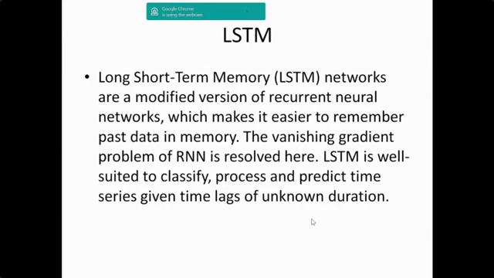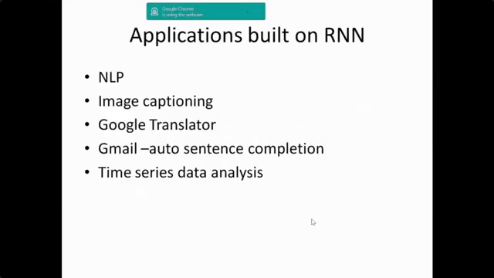One variation of the RNN that we use is the LSTM, which stands for long short-term memory. We typically use that network in scenarios where we want to predict the price of a stock, or in natural language processing, like when we are using a chatbot. Applications built on RNN, as I told you, include natural language processing, image captioning, Google Translator, auto sentence completion, and time series data analysis.